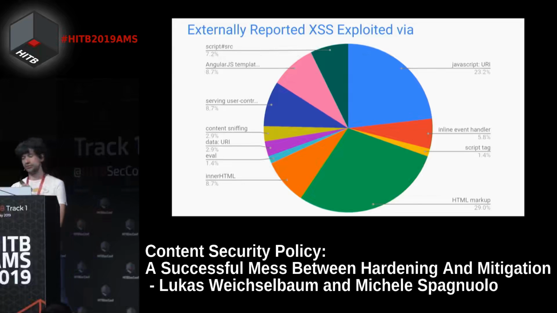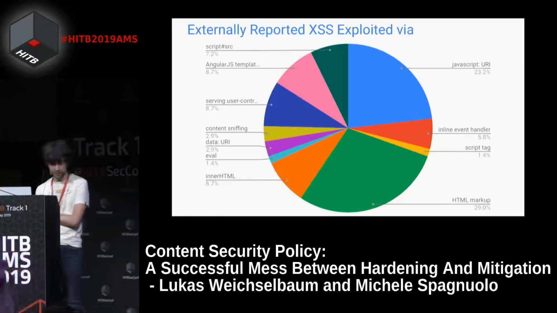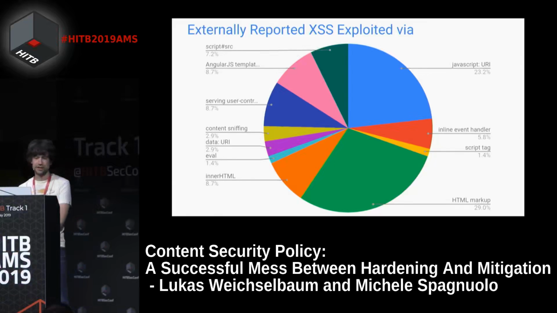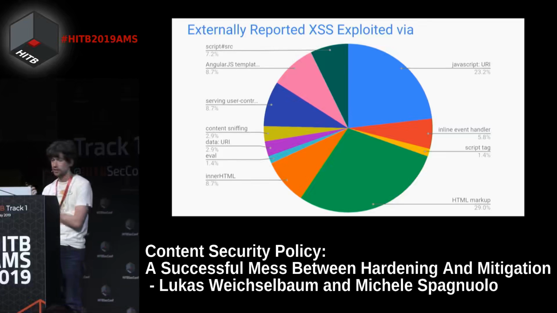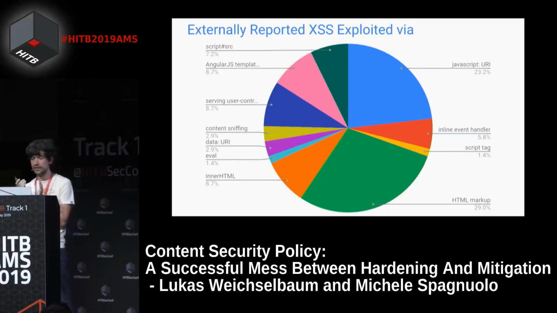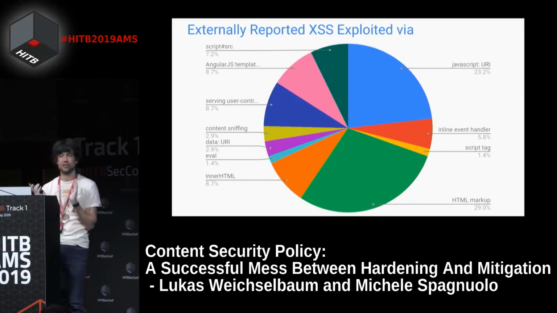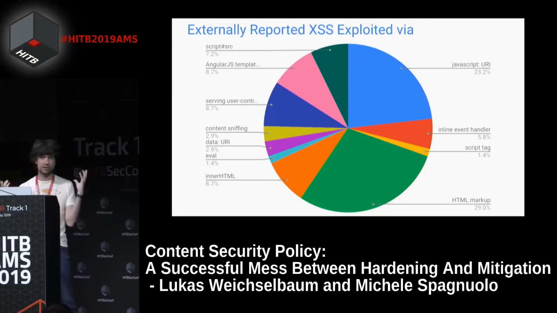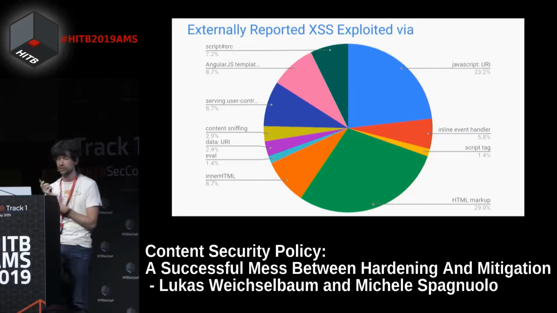But basically, something very interesting is that using JavaScript URIs and inline event handlers and data URIs, for example, are already more than a quarter of the things. This was a little surprising for us. For example, we were expecting more fancy, evil things, but actually evil is almost non-existent.